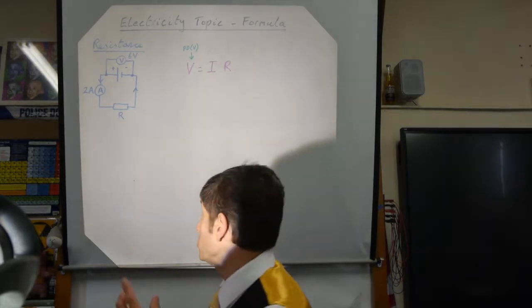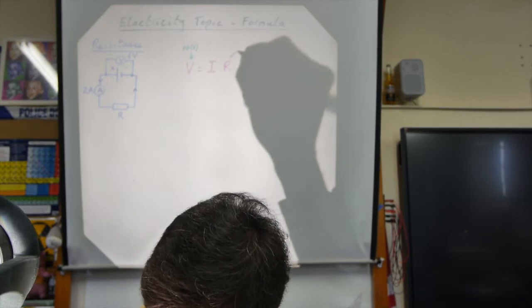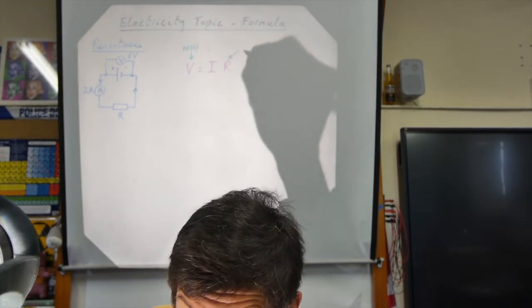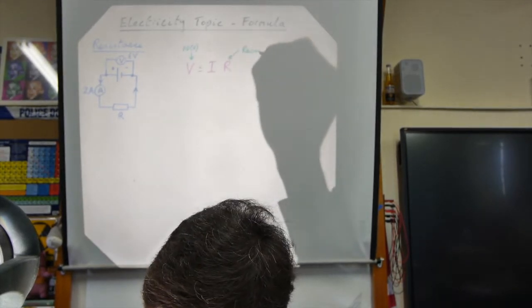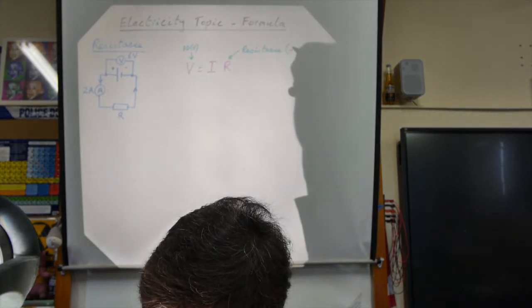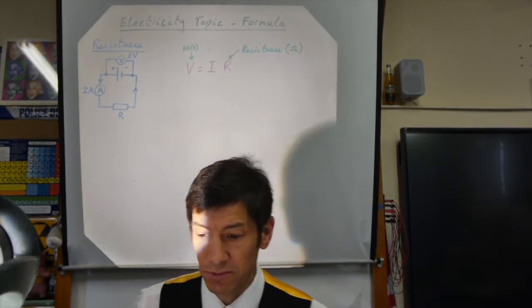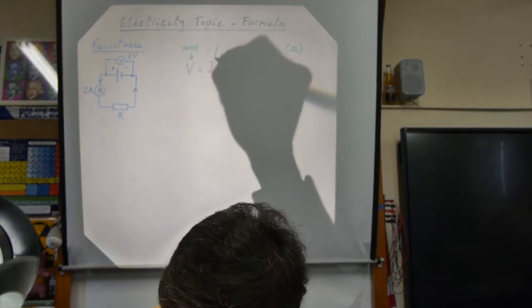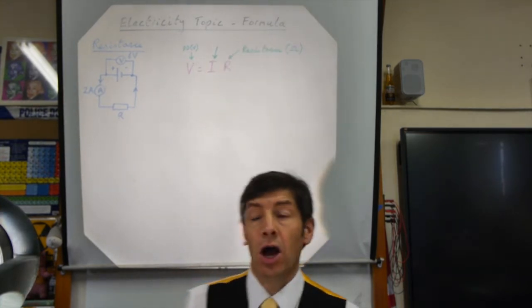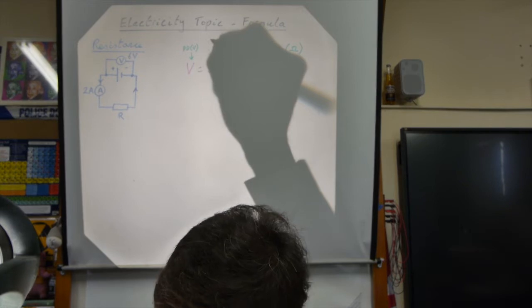If it's trying to push through a material, that material has resistance. So we know that R is the resistance, and it must be measured in ohms. So at GCSE, watch out for kilo ohms. And finally, this rather annoying letter I is the flow, the current.